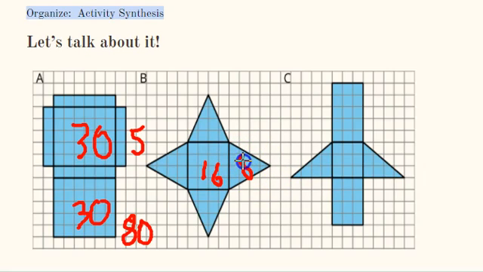So each one of these triangles is 8. So if I put my 4 triangles together, 4 times 8 would give me 32. 32 plus my 16 would give me 48 square units.